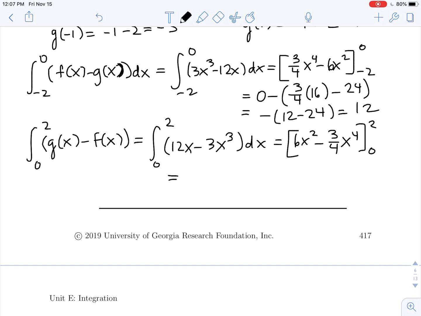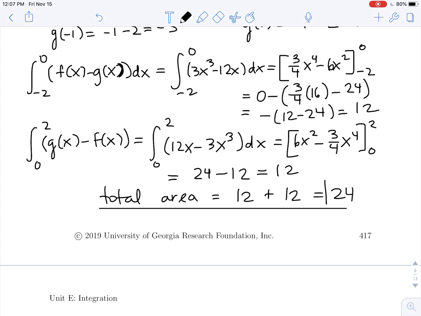When I plug in 2, I get 24 minus 12. So I get 12. So my total area is 12 units plus another 12 units, which is 24. So that's the total area between the two curves.